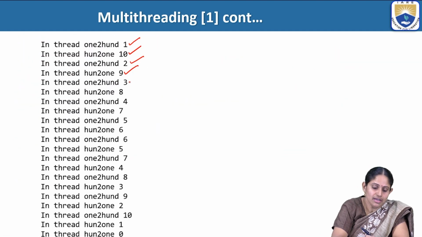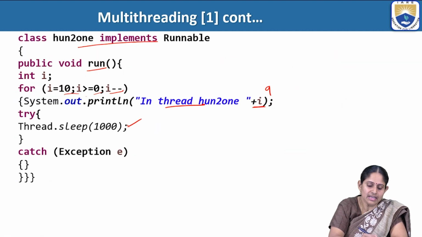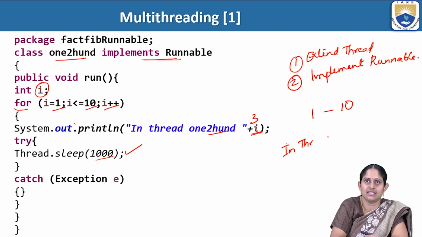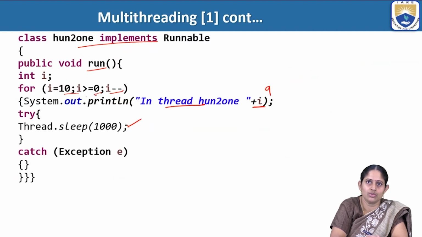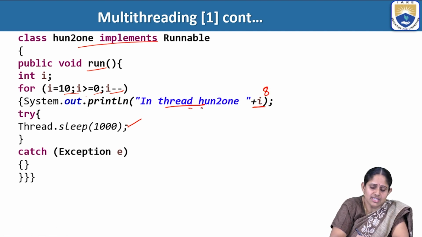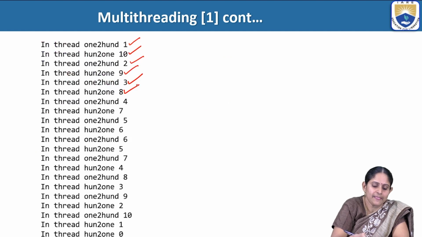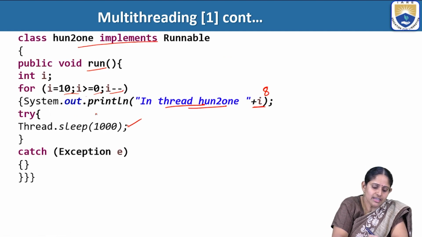So we'll get this line in the output, and it will go to sleep. When this thread 1 to 100 goes to sleep, the second thread's value will be decreased to 8 and the statement will be displayed. So we get this line in the output, and then it goes to sleep.